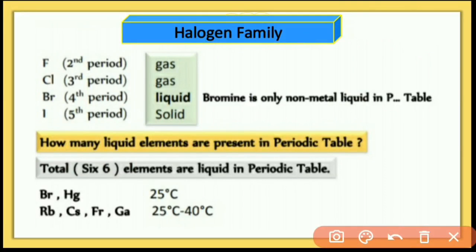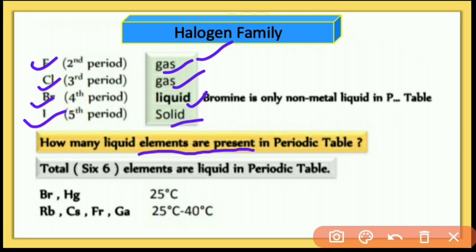Physical property of halogen family: fluorine is present in a gaseous state, chlorine is present in a gaseous state, bromine is present in liquid state. So it is the one and only non-metal present in a liquid state at room temperature, iodine is present in a solid state. So the question is: how many liquid elements are present in periodic table? So total 6 elements are liquid in periodic table.